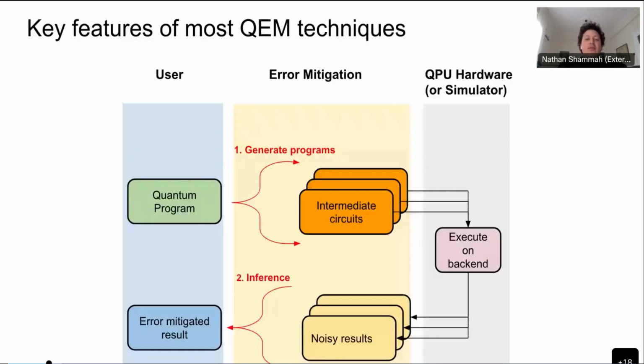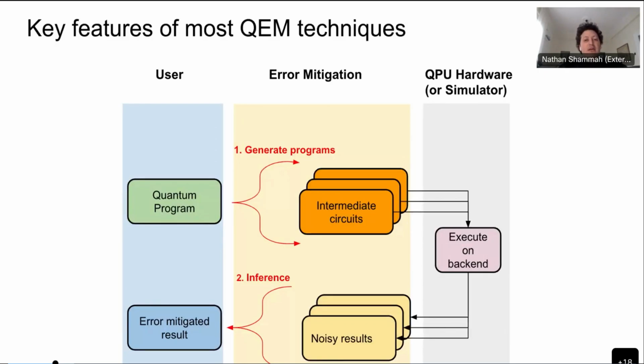And several error mitigation techniques that have been developed by research teams, including prominently at IBM, also Unitary Fund and other places, basically make this workflow a bit different, but still quite simple. The absence of an active feedback in general is the main difference with respect to error correction.